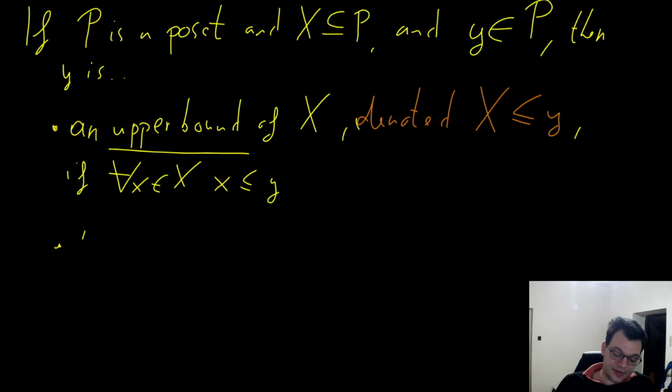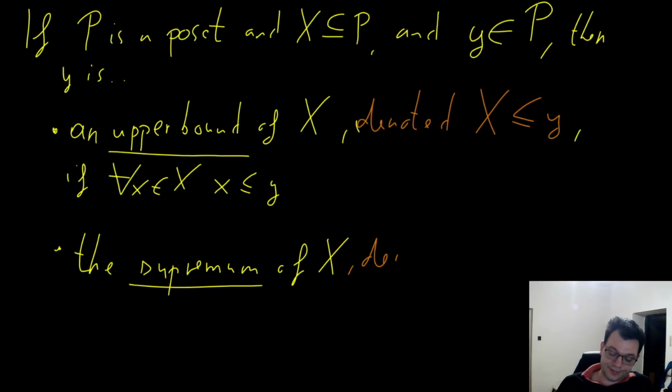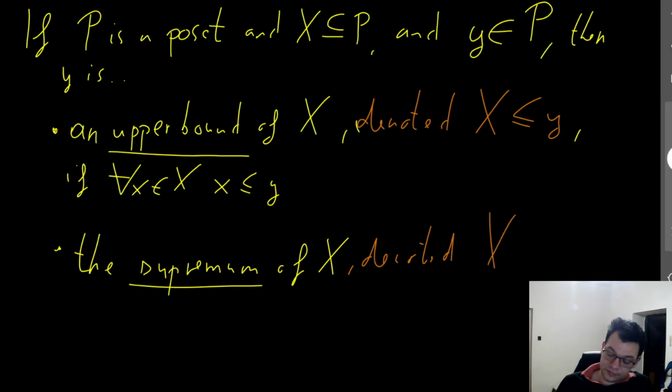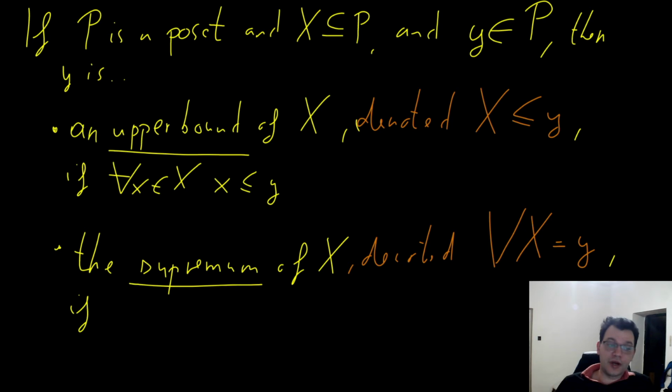And the supremum of X, which also has a notation, the supremum of X being Y, if Y is an upper bound of X, and this is the least upper bound.